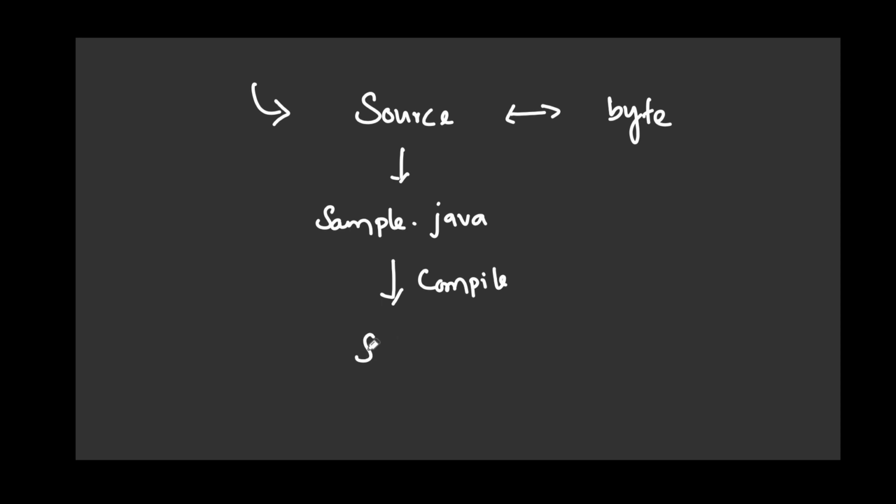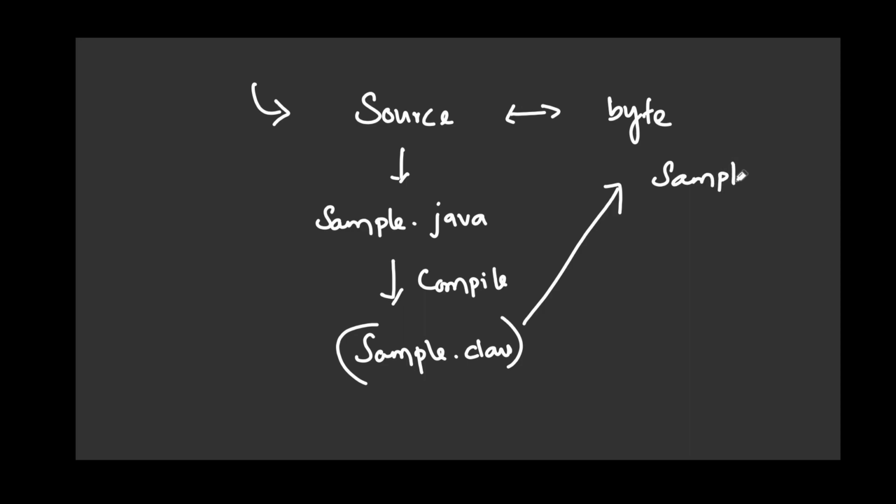Then I will get sample.class, and I will cut this .class file and move it to the byte folder. In that byte folder, I'm going to have the sample.class file only.